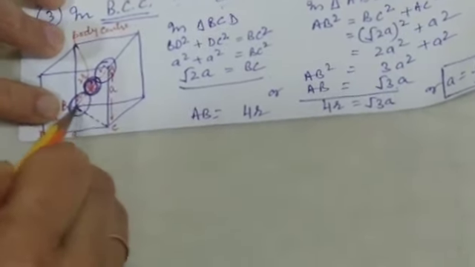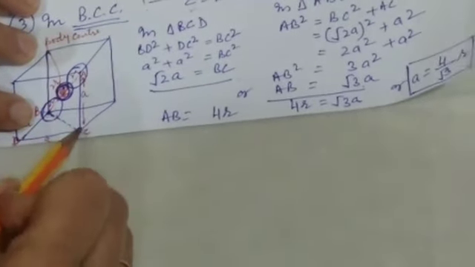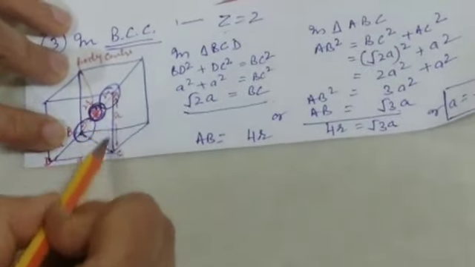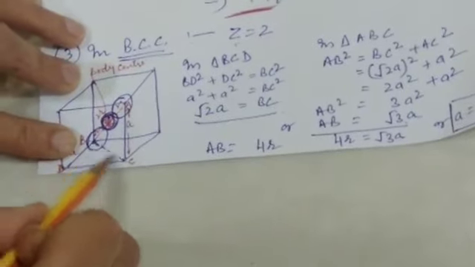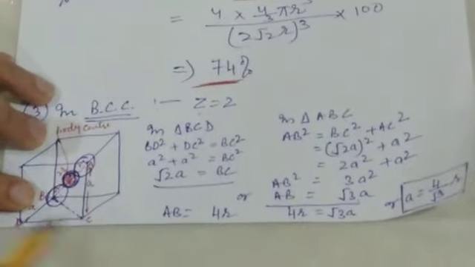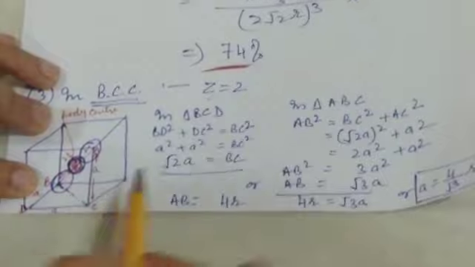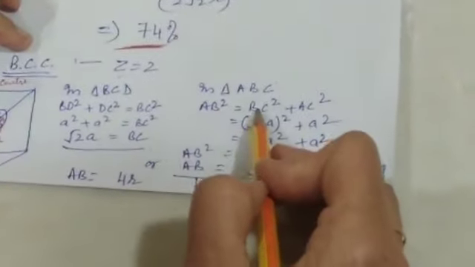AB square is equal to BC square plus AC square. This is again edge length A. This we have already found from the lower triangle. So substitute this.